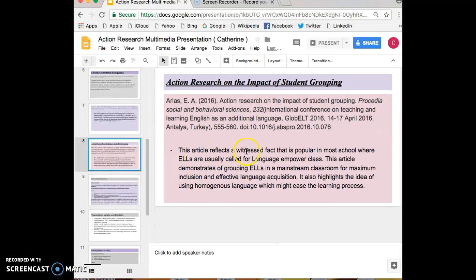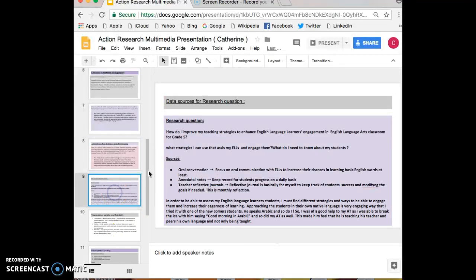This article reflects a witnessed fact that it is popular in most schools where ELLs are usually called for Language Empower class. This article demonstrates grouping ELLs in a mainstream classroom for maximum inclusion and effective language acquisition. It also highlights the idea of using homogeneous language, which might ease the learning process.